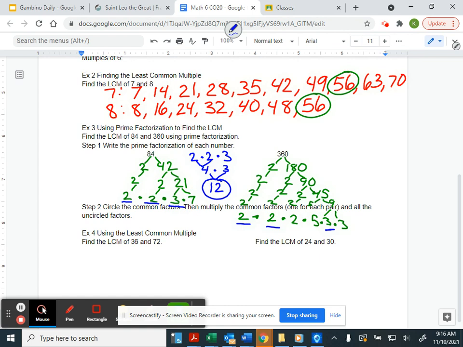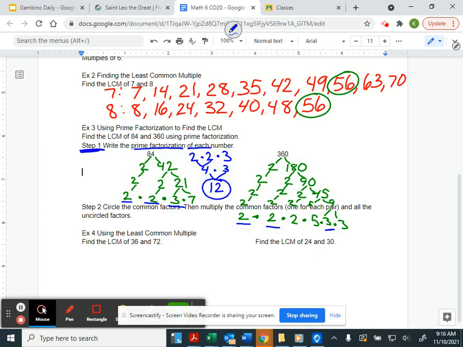So our least common multiple between 84 well, that's not a common multiple. That's the greatest common factor. So we just found the greatest common factor using that prime factorization. So that was step 1.